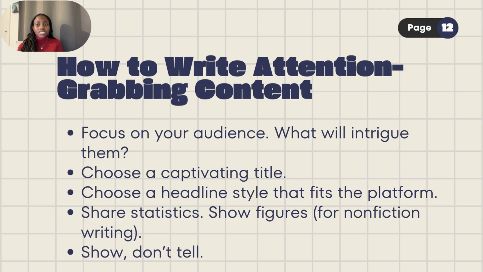And if no one reads your content, then there is no point in creating content. If no one listens to what you have, there's no point doing anything about it. So focus on your target audience. What will intrigue them? If you're writing to students, you don't want to say something that has to do with a lavish lifestyle.